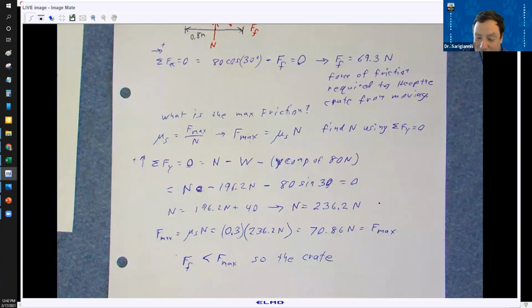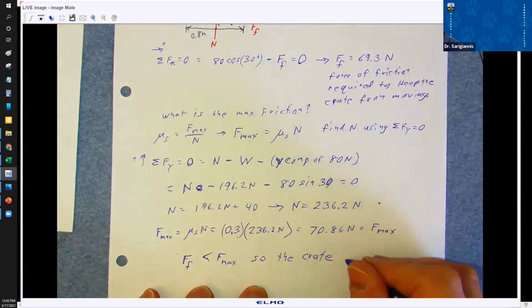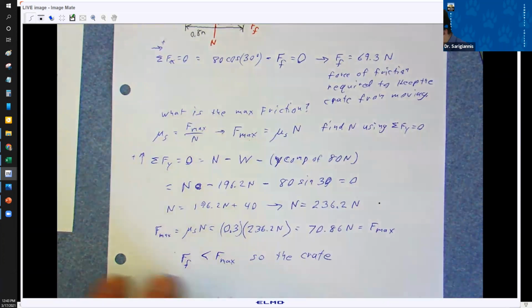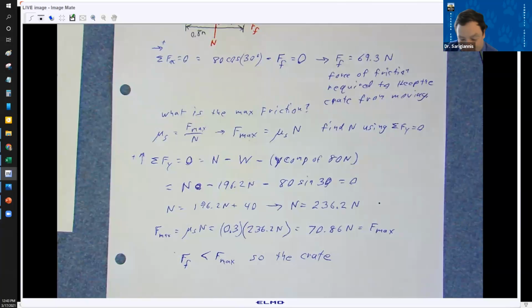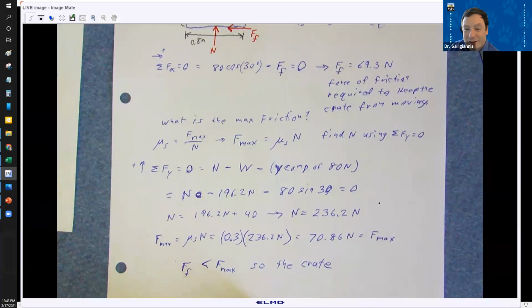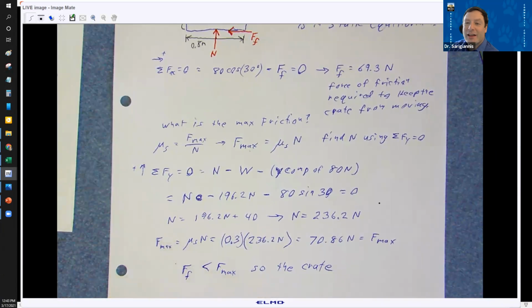Not bad. 8 out of 12 people. So let's see. 6 out of 8. 75% of you said it will slip. And this is what I'm going to have to focus on here. Let me walk you through the thinking here.